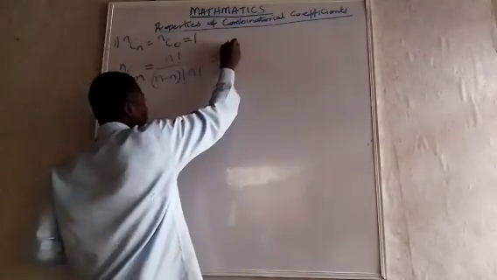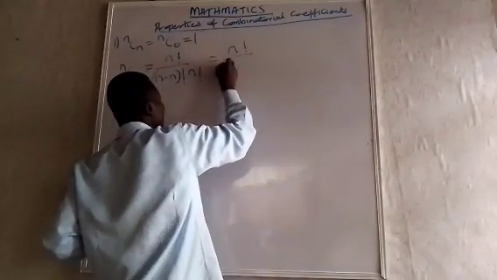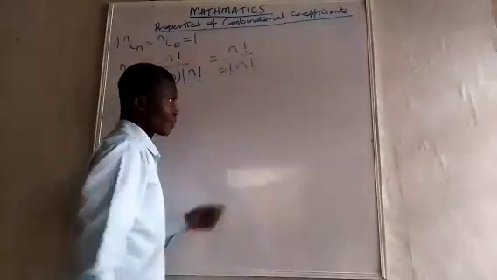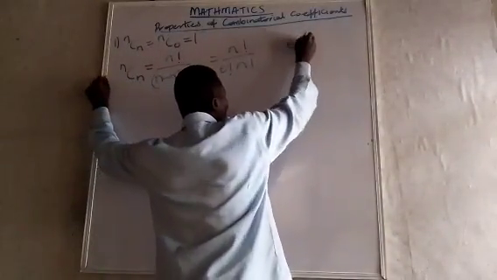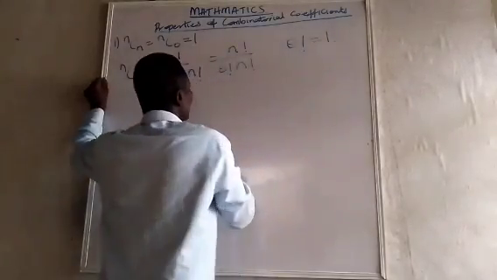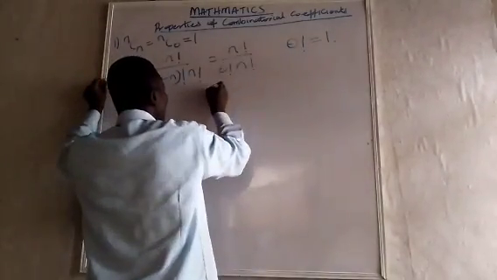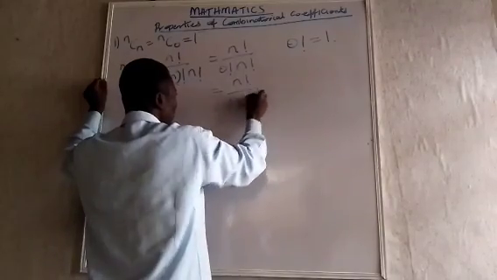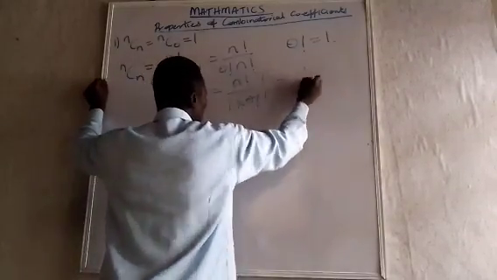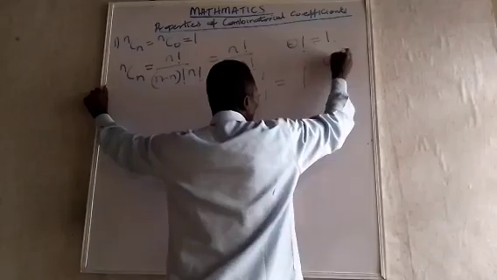And that's going to give us n factorial over 0 factorial n factorial. Mind you, 0 factorial is equal to 1. So by the time you do this, you are going to have n factorial over 1 times n factorial. So we are going to have 1. This is the left hand side.